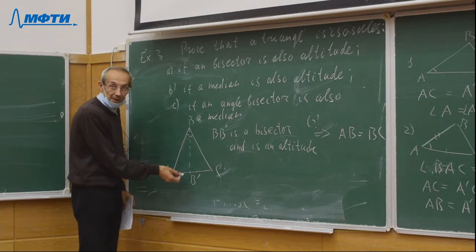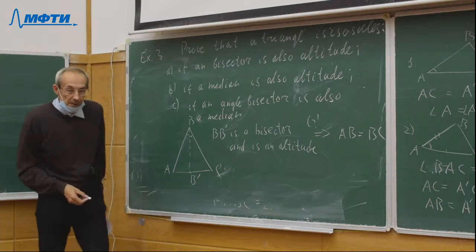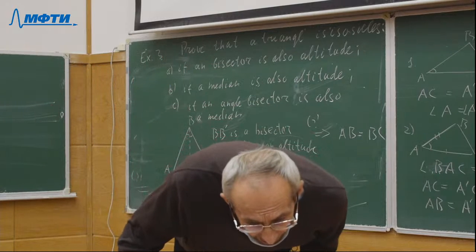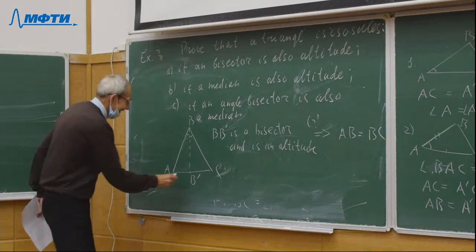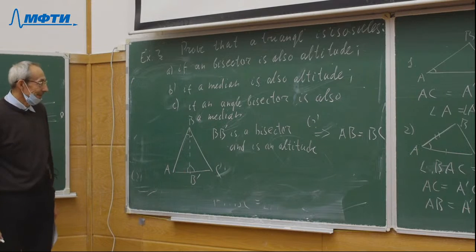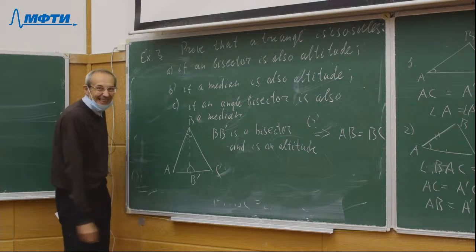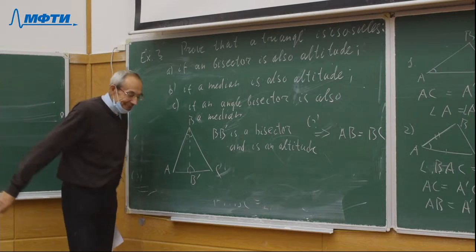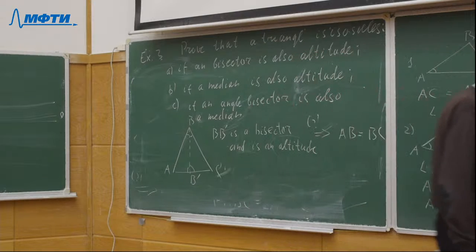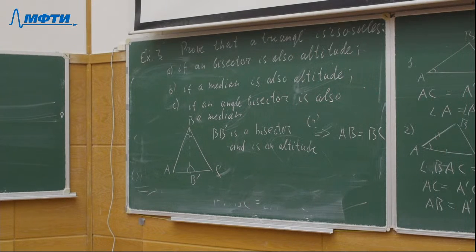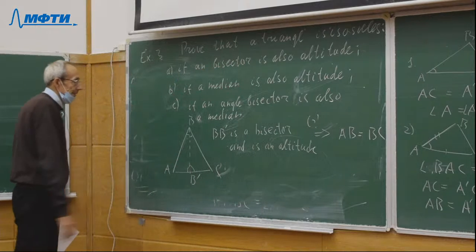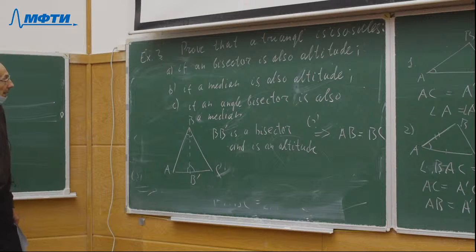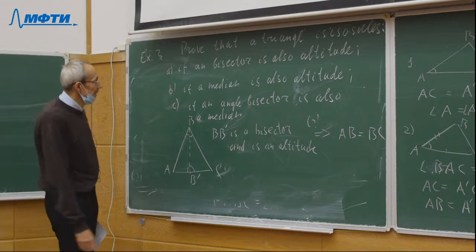Altitude is perpendicular. Okay, and then we have this angle and this common side, and we can apply property 1, and after that it is easy to obtain the proof of these items.